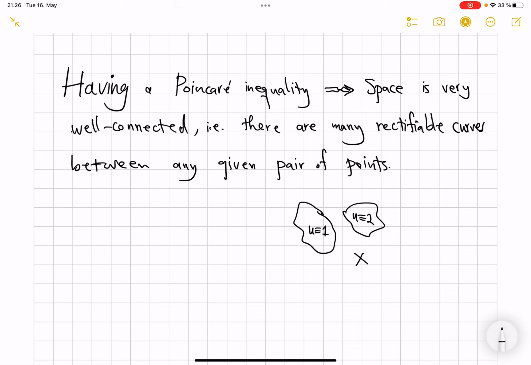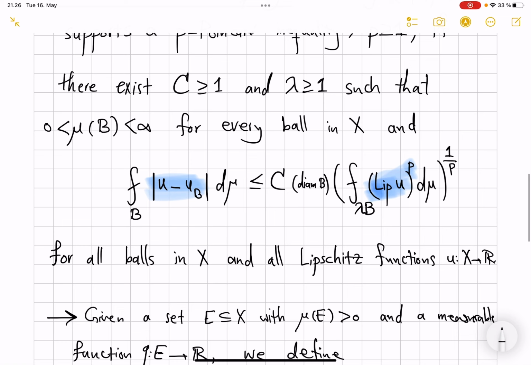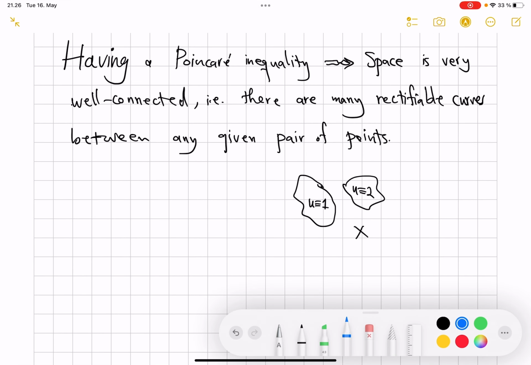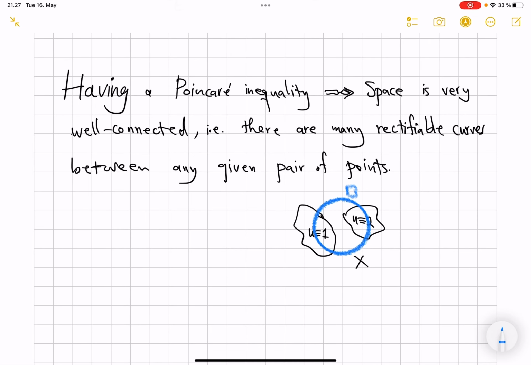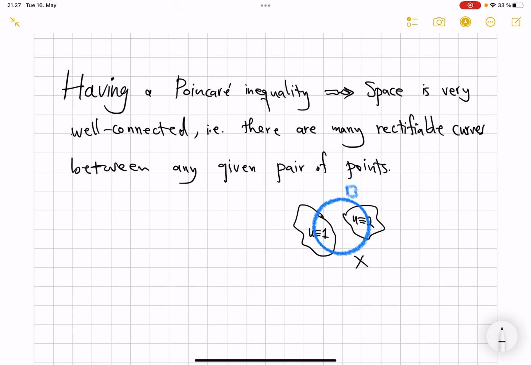This is a Lipschitz function, and local Lipschitz constant is 0, so if you plug that into this inequality, you will see that you get 0 on this side and something non-zero on that side if you take a ball large enough so that it picks a value from both of these balls. So if you take such a ball and apply the Poincare, it will fail. So you see that from that inequality, you get something topological about the space and that it is connected. But this is like the simplest observation to begin with.